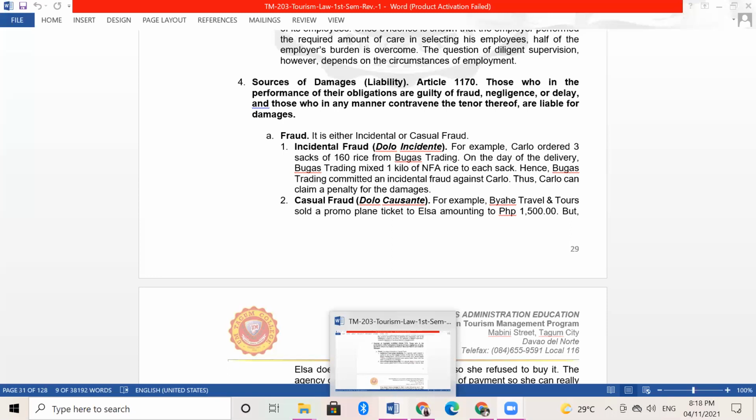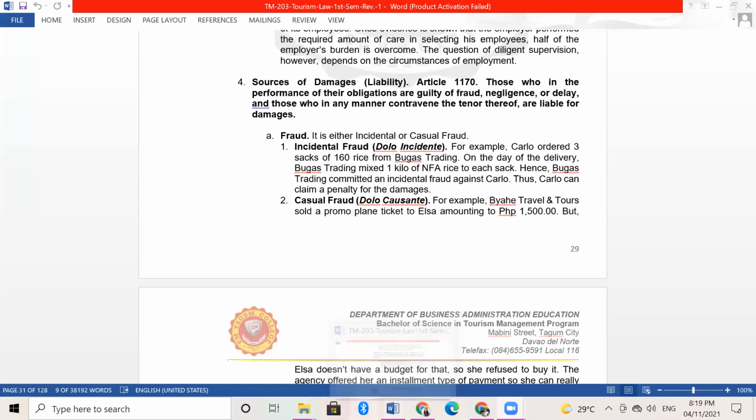Next is delay. The delay referred to herein is the legal delay. The general rule is that no demand, no delay. There are ways to demand the fulfillment of an obligation. First is juridical demand.